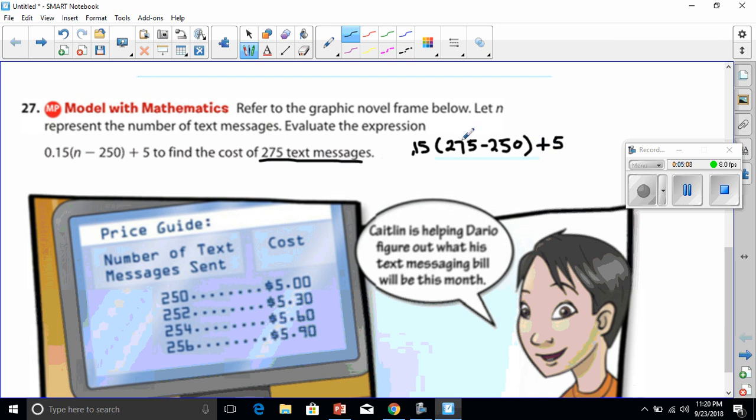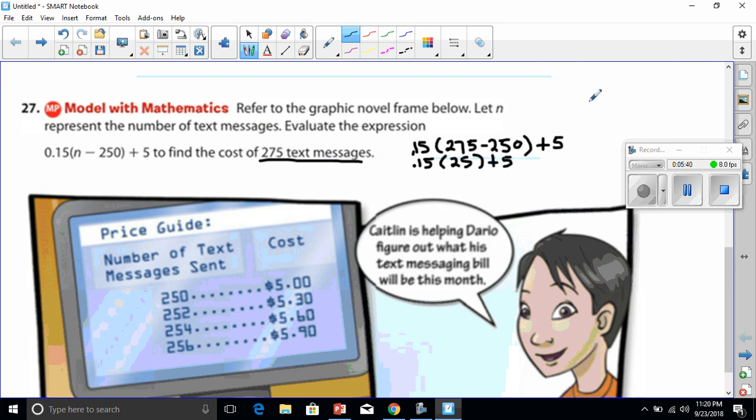Well, according to PEMDAS, we do what's in parentheses first. So I have 275 minus 250. Well, that's going to leave us with 0.15 multiplied by 25, because 275 minus 250 is 25. And then we're going to add our answer to 5. Let's give it a shot.